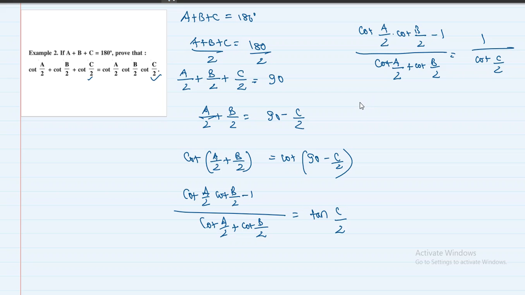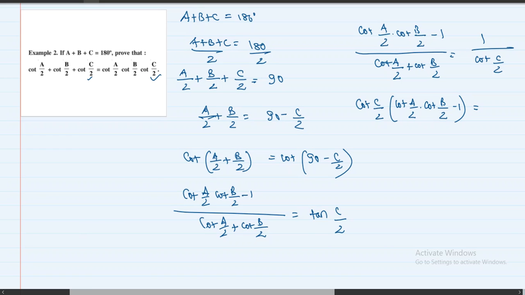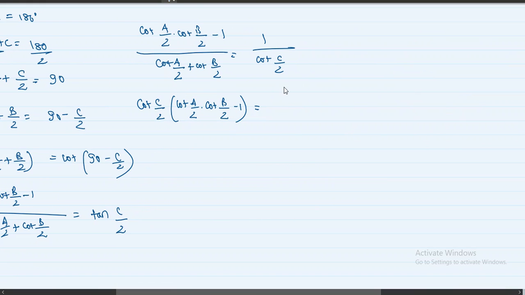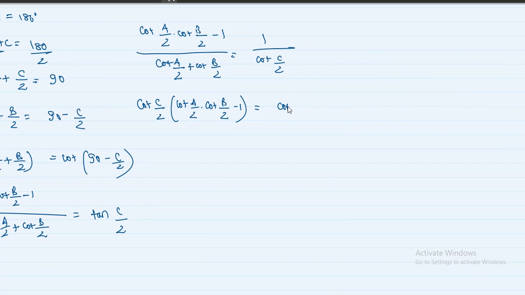We can cross multiply and we get cot C/2 bracket cot A/2 into cot B/2 minus 1 is equal to, let me make some space, cot A/2 plus cot B/2.